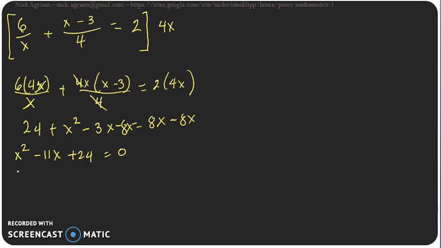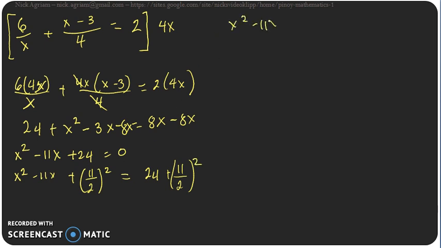Completing the square, we have x squared minus 11x plus the half of it, 11 half squared, is equal to 24 plus 11 half squared. Then we have x squared minus 11x plus 121 divided by 4 is equal to 24 plus 121 divided by 4. The square of 11 is 121.